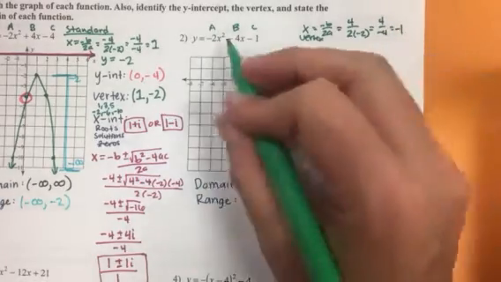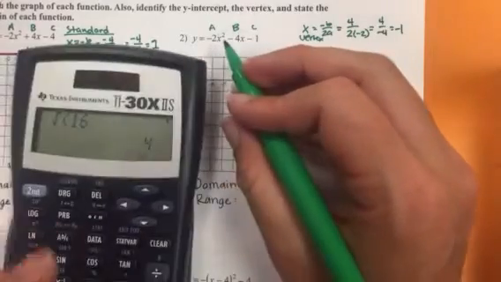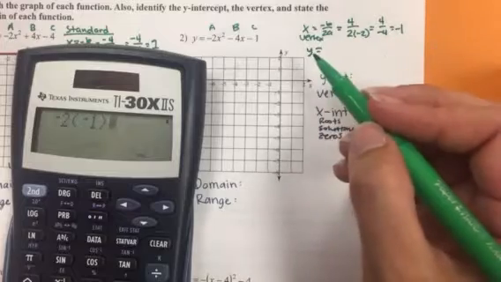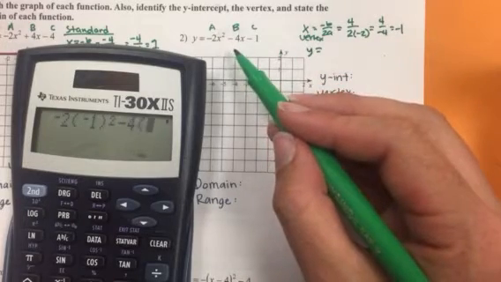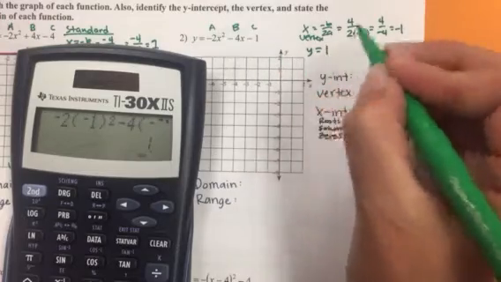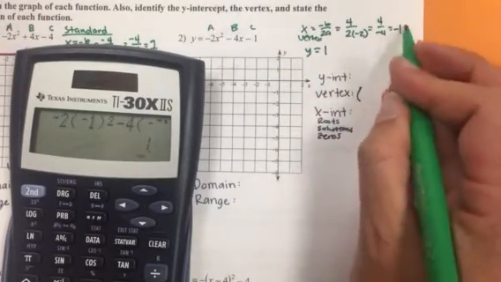I plug that in to see what I get for y. Negative 2 times negative 1 squared minus 4 times negative 1 minus 1 equals 1. So there's my vertex, negative 1, 1.